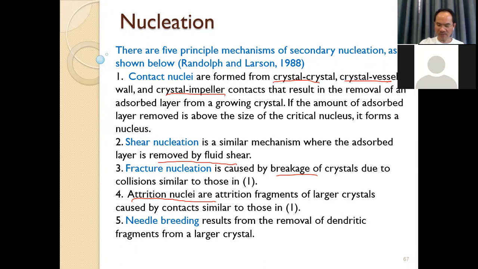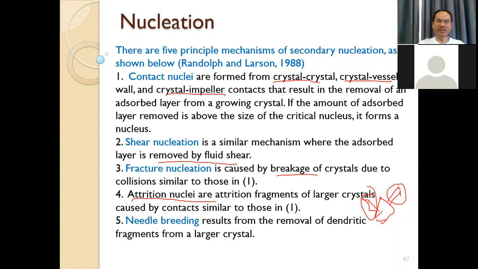And the last one, for some crystals, this crystal can be broken. That's right. This crystal can be broken into one more crystal. This is also nucleation. Okay, these are the possible five mechanisms for secondary nucleation. Again, nucleation means a new crystal forms.